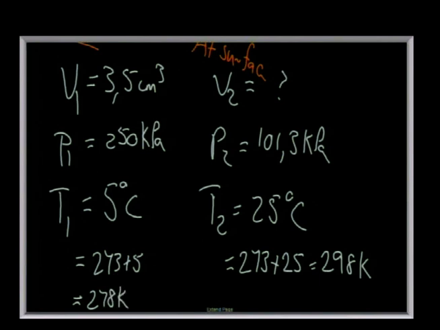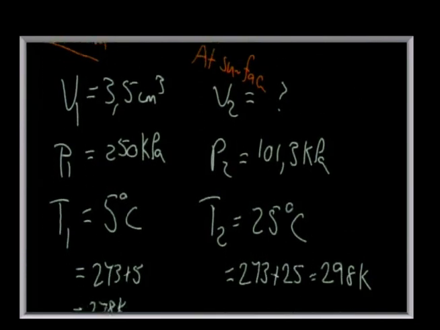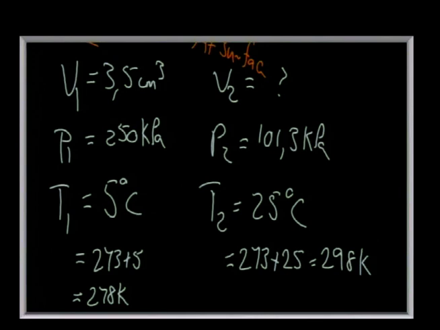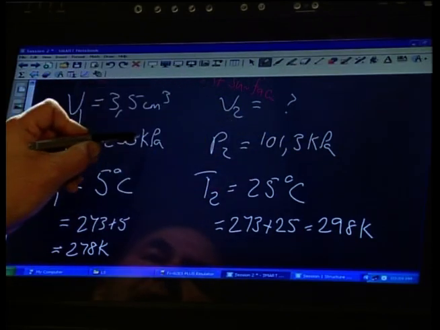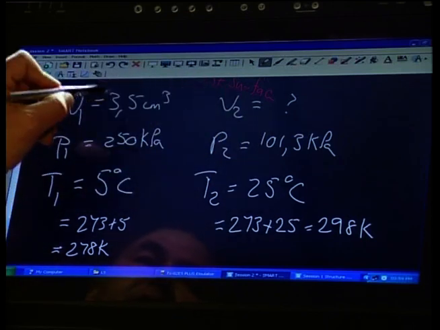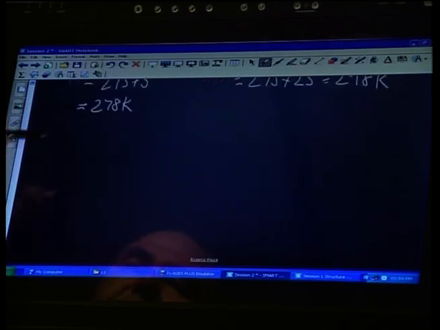Okay? Right, now it's just a matter of substituting the other values in. Whether this is in centimeters cubed, the main thing is that you've got to have your pressure in the same units, then the volumes will be in the same units, but temperature you must change to Kelvin. So I'm going to rewrite the equation.